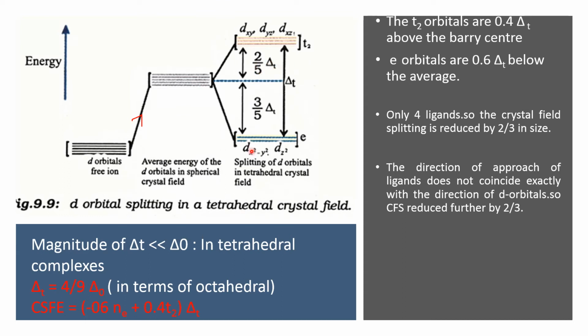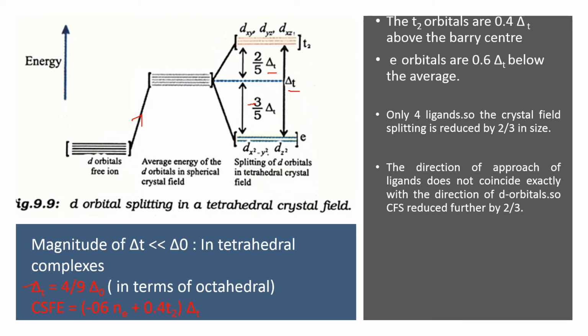Whereas the E orbitals, dx square minus y square and dz square, are far away from the ligands, so they experience less repulsion and are stabilized by decreasing energy. The decrease in energy is minus 0.6 delta T, where delta T is the crystal field splitting of tetrahedral complexes, and delta T is 4/9 times that of octahedral complexes.